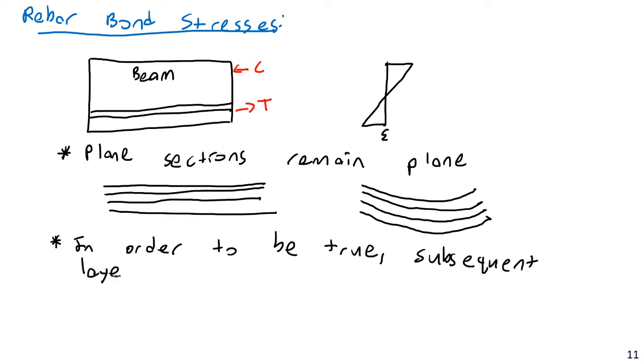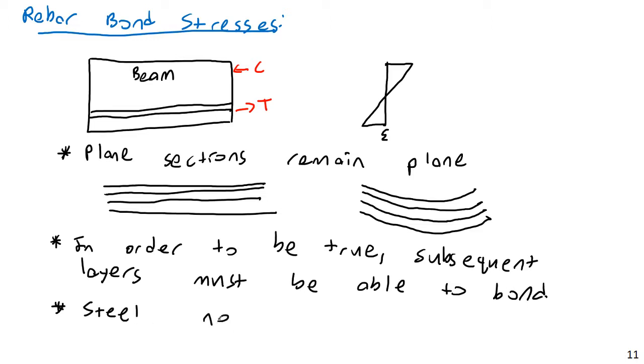Layers must be able to bond. Or, in particular, in the case of steel in concrete, the steel needs to be able to actually grip the concrete. It needs to be able to grip the concrete and transfer stress.